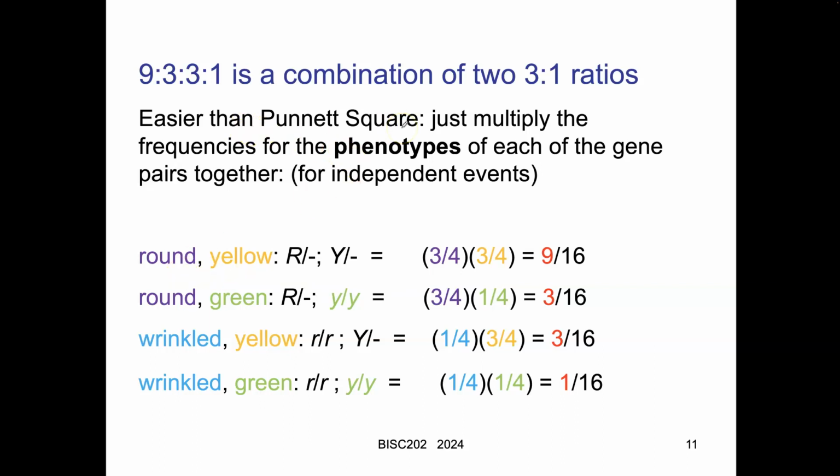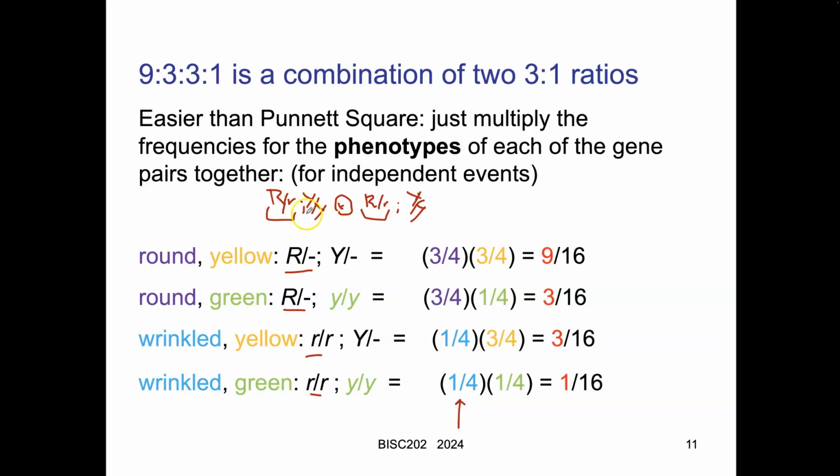It's easier than a Punnett square to just do some multiplication, and if you are given a cross that is self-fertilized, let me do the notation correctly, then you basically just take whatever the ratio would be for what this cross would be, and it's going to be 3/4 round and 1/4 wrinkled, and that's shown in this column here, right?